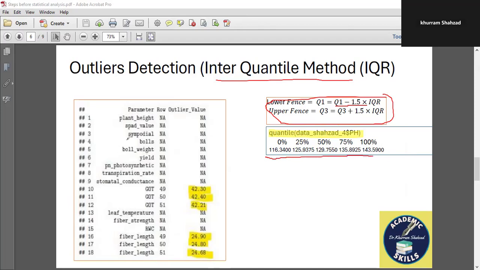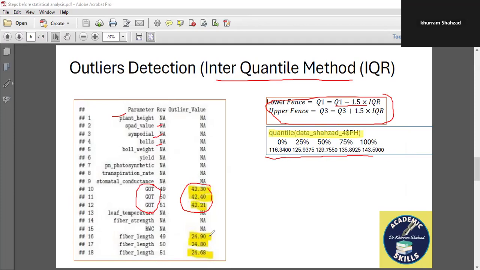After doing this in R, R has calculated the outliers in all our parameters. In plant height, we have no outliers, but for bud values, sympodial branches, boll weight, yield, and photosynthetic rate, we have quantiles, and R has given the values that are outliers in these parameters.